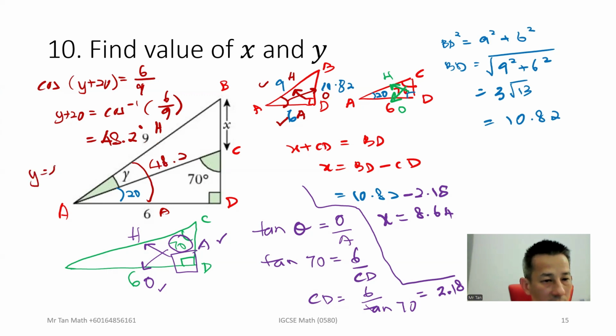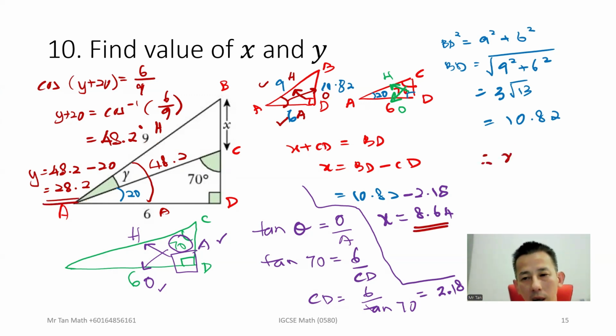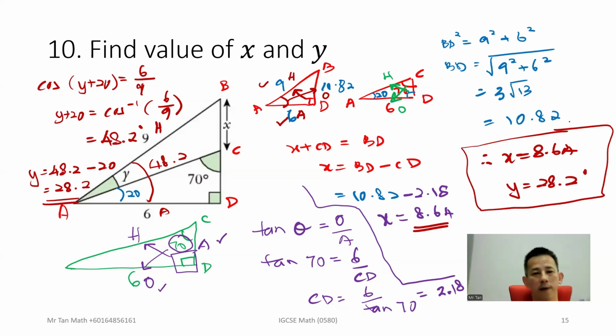Therefore, Y is 48.2 minus 20, which get 28.2. So this is Y, this is X. Okay, therefore, x equal to 8.64, y equal to 28.2 degrees. This will be your answer.